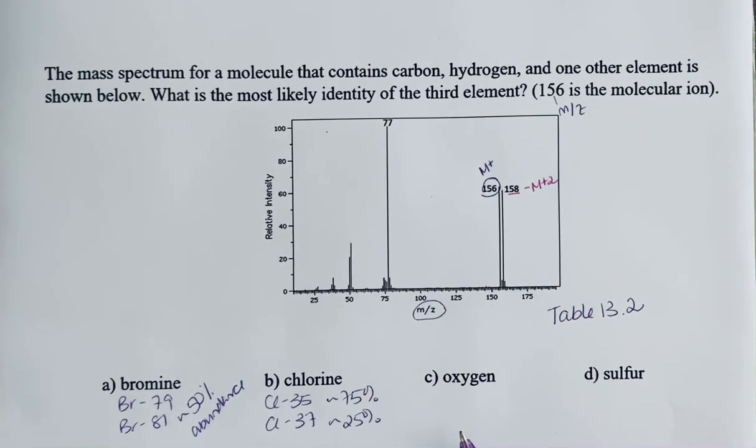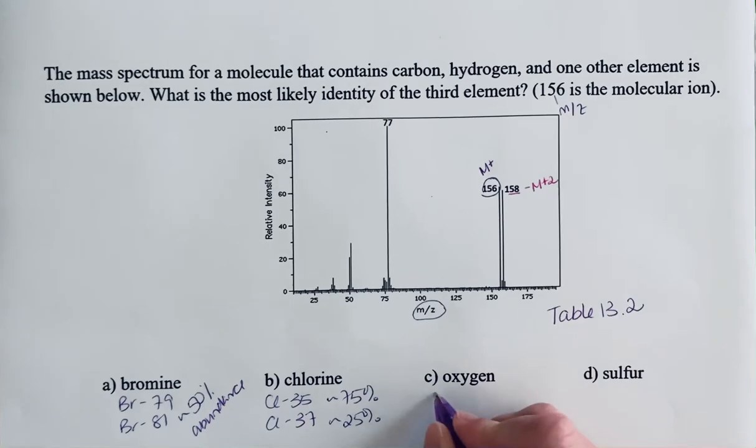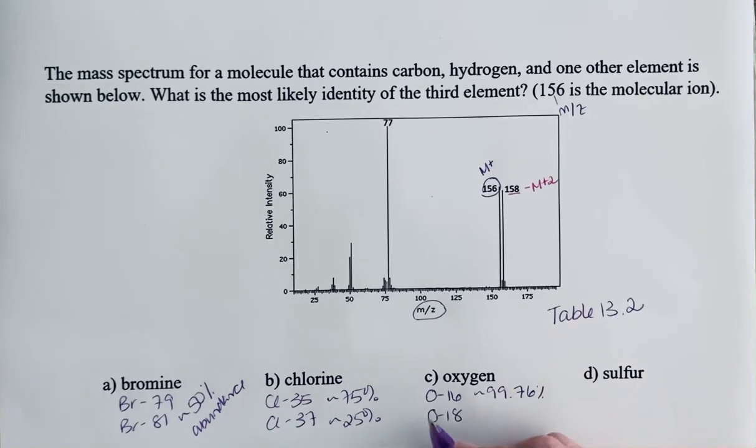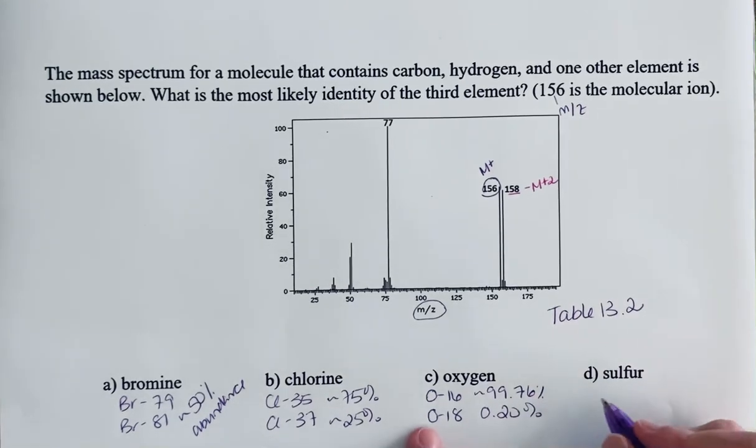If we take a look at oxygen, there are actually 3 different isotopes, oxygen 16, 17, and 18, but we're going to focus on the 2 that are 2 mass units apart. Most of our oxygen is oxygen 16, almost all of it. I'll give you the exact values this time from the table: 99.76%, and oxygen 18 at 0.20%.